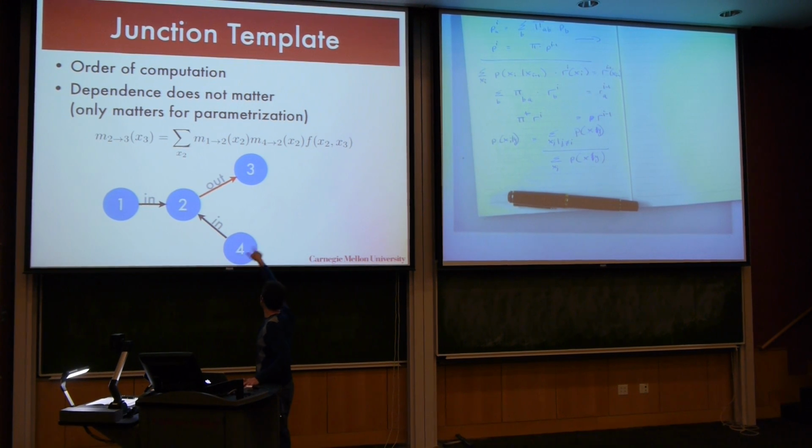We multiply that in and sum over x2, and that's our message to x3. So what this really is: aggregate all the incoming messages, multiply with how that variable is coupled with wherever you want to send things to, sum over the variable that you want to get rid of, and there's your outgoing message.